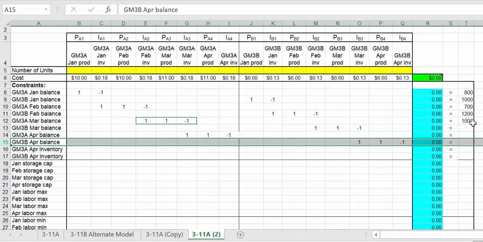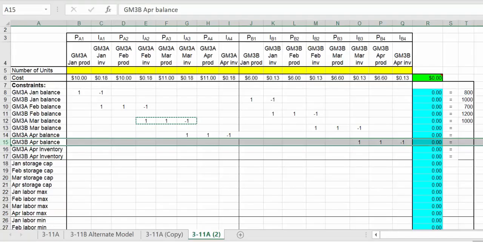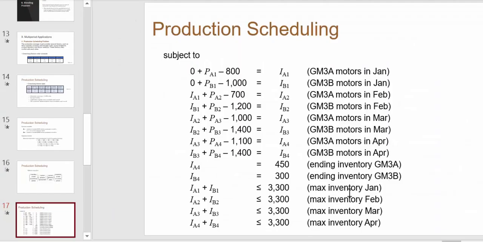So if we take a look, we got 1,000 here. For March, we had 1,000 for motor A, and then we had 1,400 for motor B. And then we need the April ones as well. What was the demand for each motor for April?